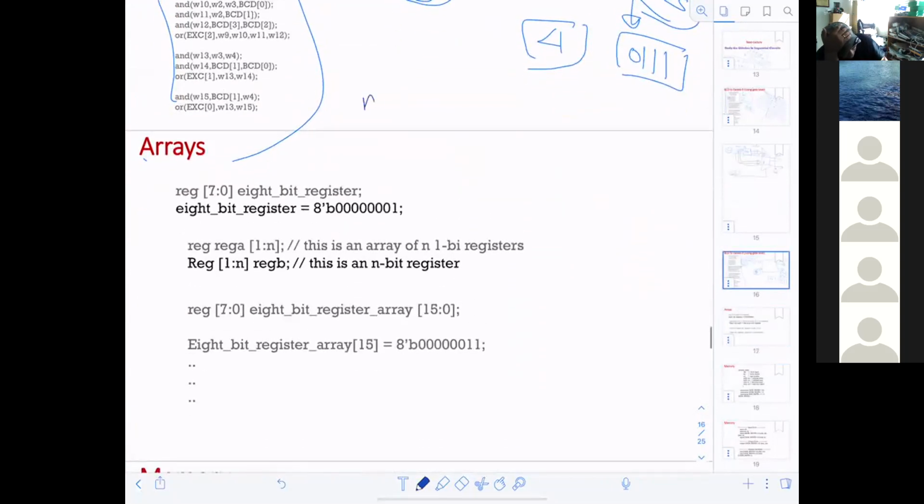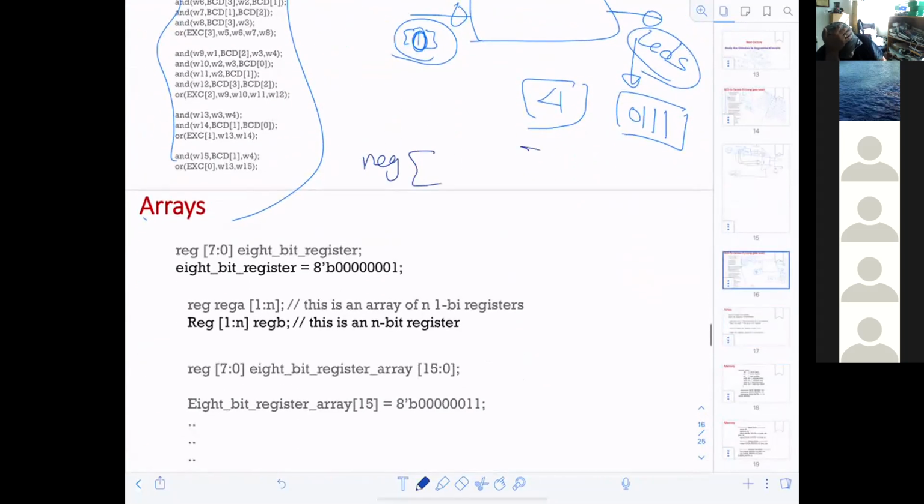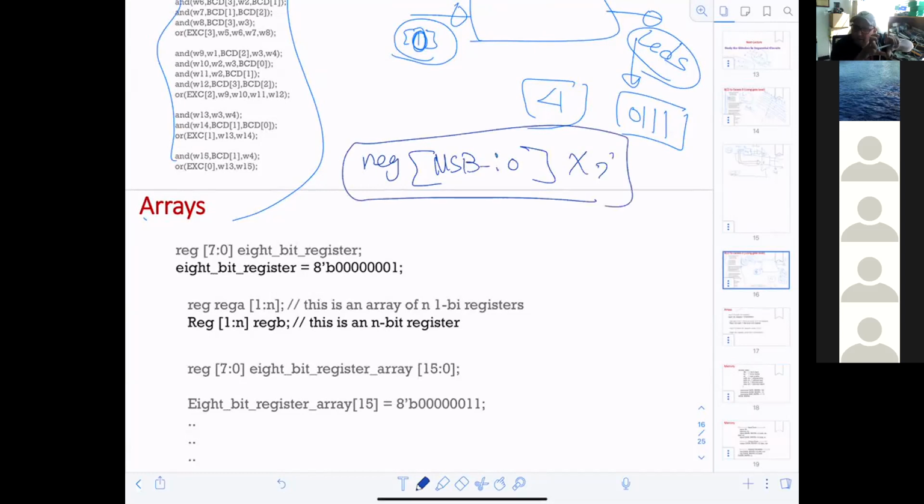If I say reg, then most significant bit -1 to 0, and call it, for instance, X, that gives me a bus. Let's say the most significant bit is 3, so it's going to be a 4-bit representation of X. Do you guys agree? That was how we were building a register.